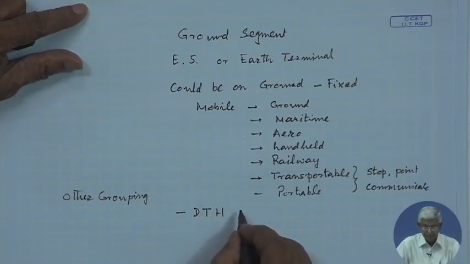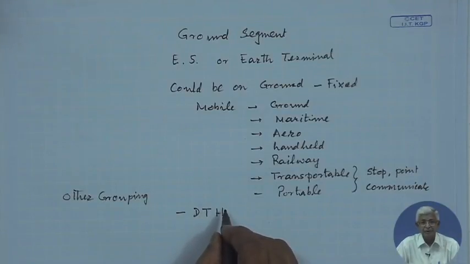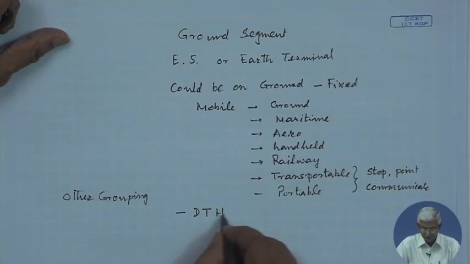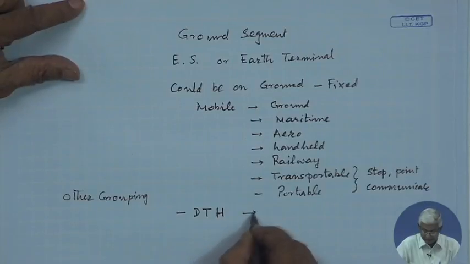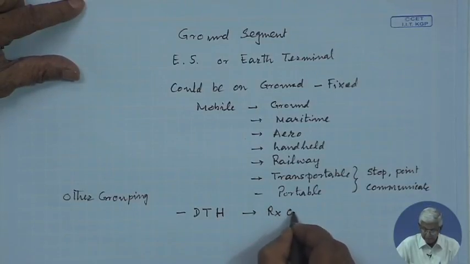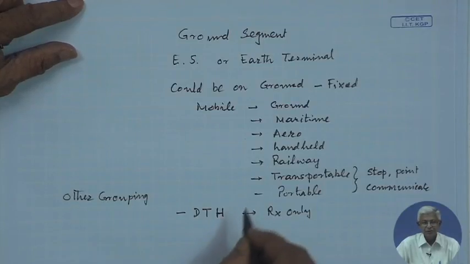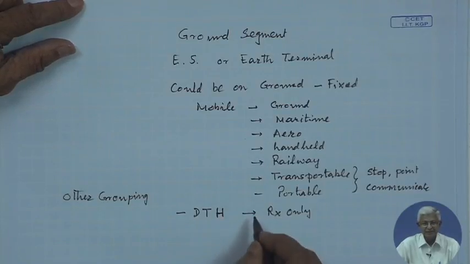This is a fixed terminal, may be mounted on the window or the rooftop. While moving you are not using direct to home, the home is not moving. So, it is a fixed station, but this is receive only. Through this DTH you do not do two-way communication, you receive only.